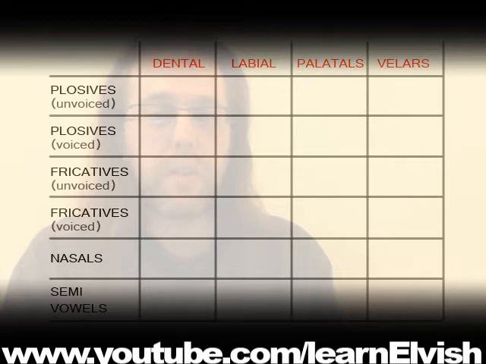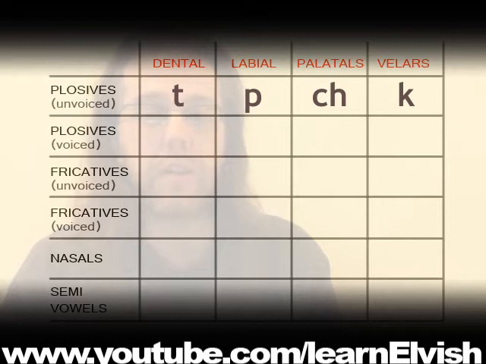So, the voiceless plosives will include T for the dental phoneme, P for the labial phoneme, Ch, as in chair, for the palatal, as the middle part of the tongue is raised to the hard palate, ch, and the K for the velar voiceless plosive, as the middle of the tongue is up against the soft palate towards the back.